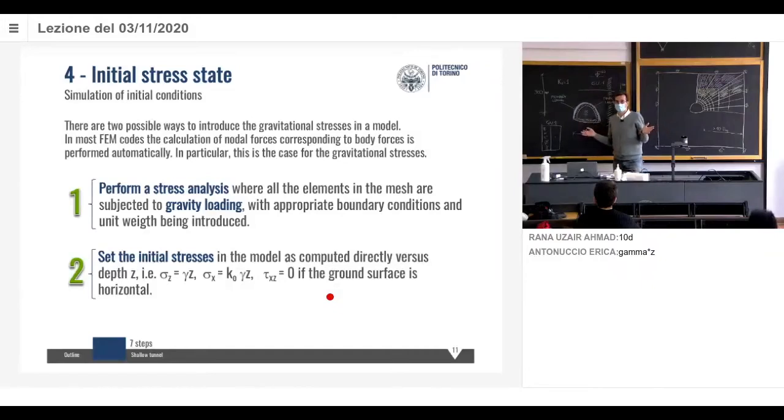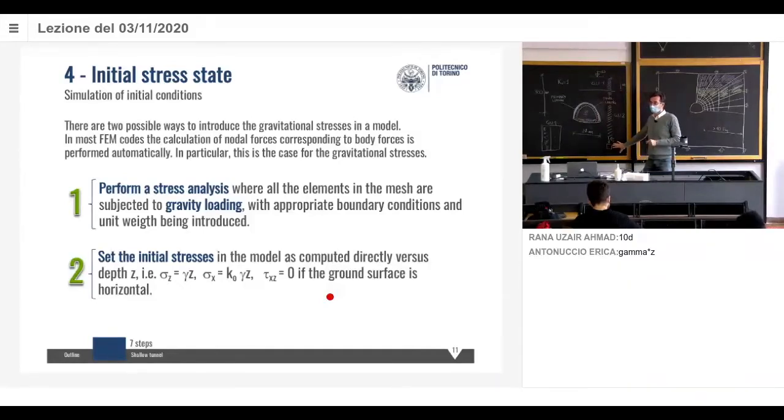If we know K naught, and if we don't, we can make some assumptions, we also know the horizontal stress. So we may estimate, based on these computations, the vertical and horizontal stress for our application. Of course, we can make some in situ tests to check if our estimation is correct.